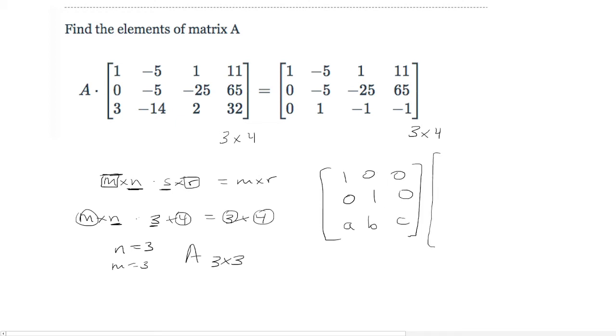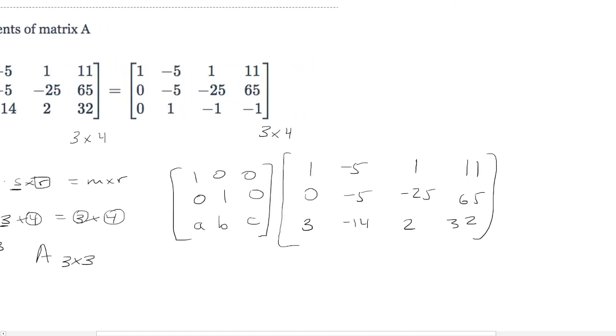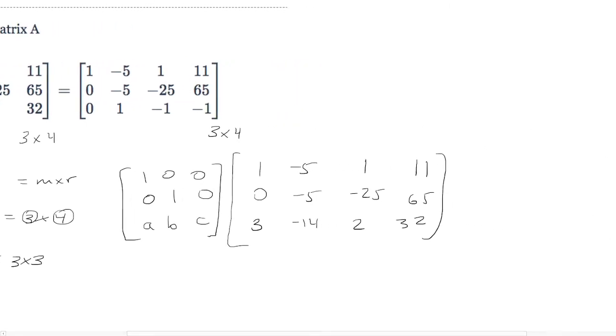So when I multiply this by the matrix on the right, I should end up with this resulting matrix.